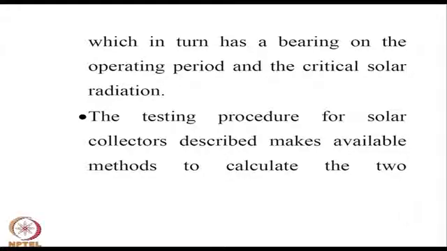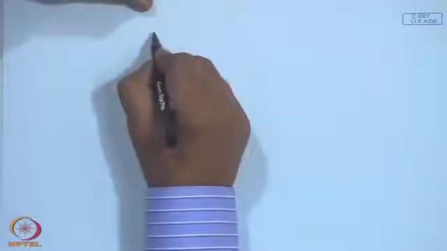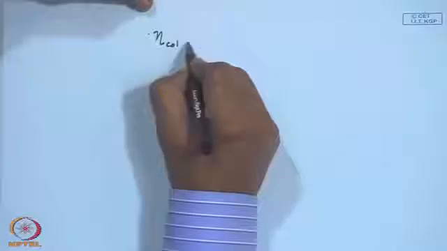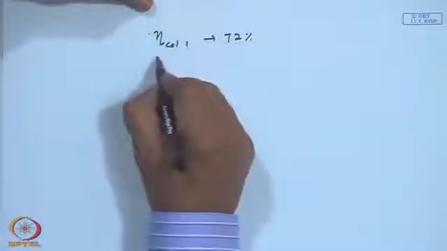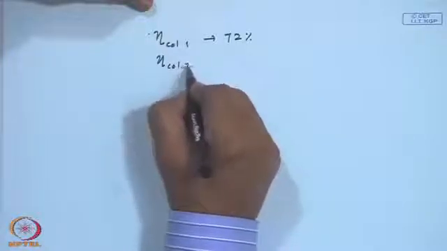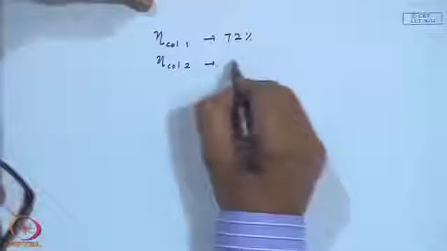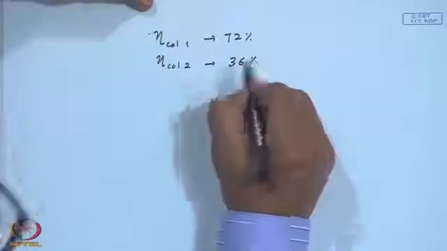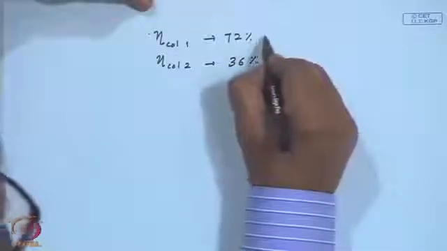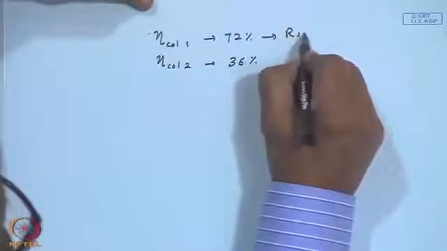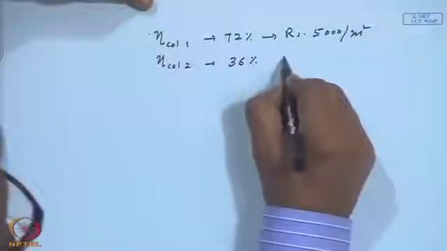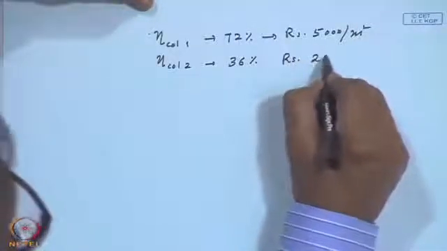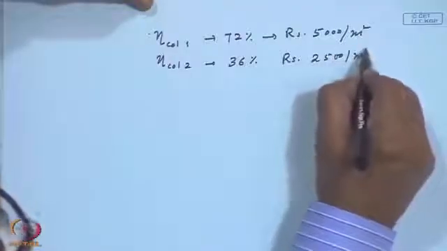You may wonder, let the efficiency of collector 1 be 72%, efficiency of collector 2 be 36%. Okay. So, now this is, let us say, Rs 5000 per meter square, this is Rs 2500 per meter square. I have deliberately concocted these numbers.